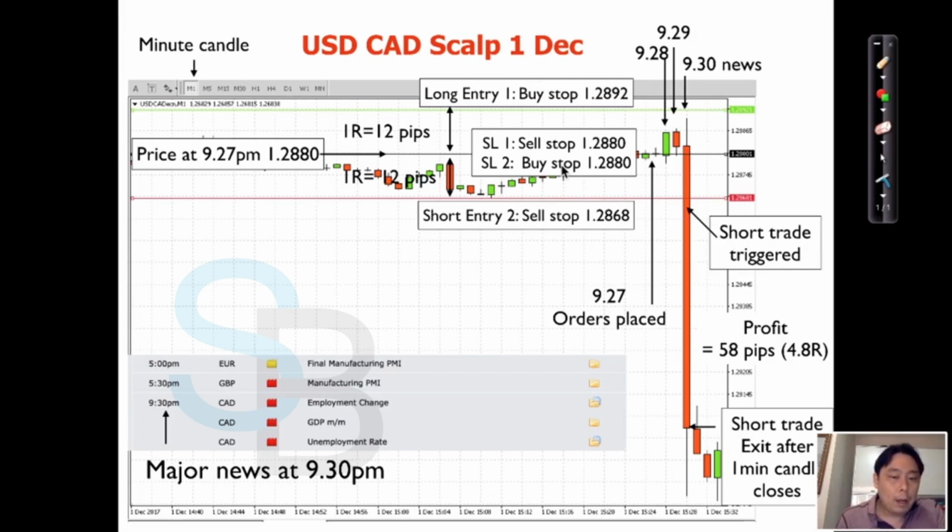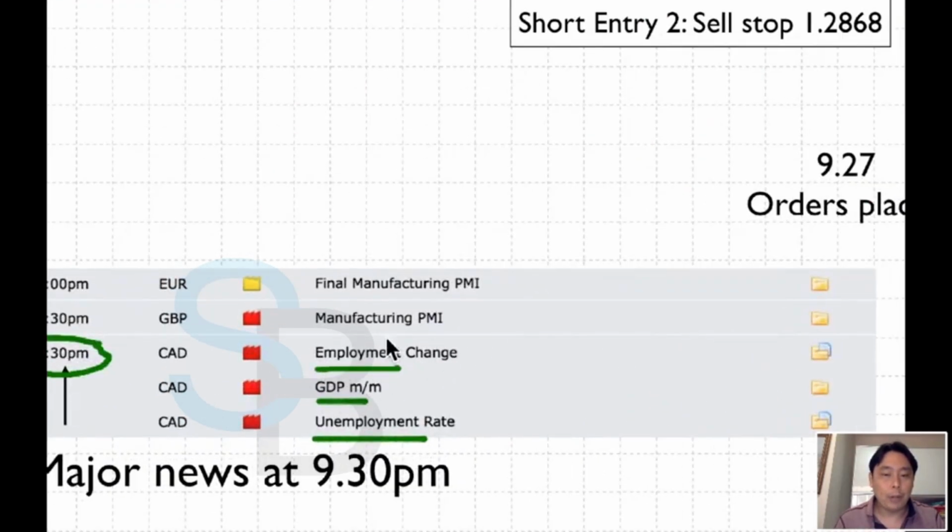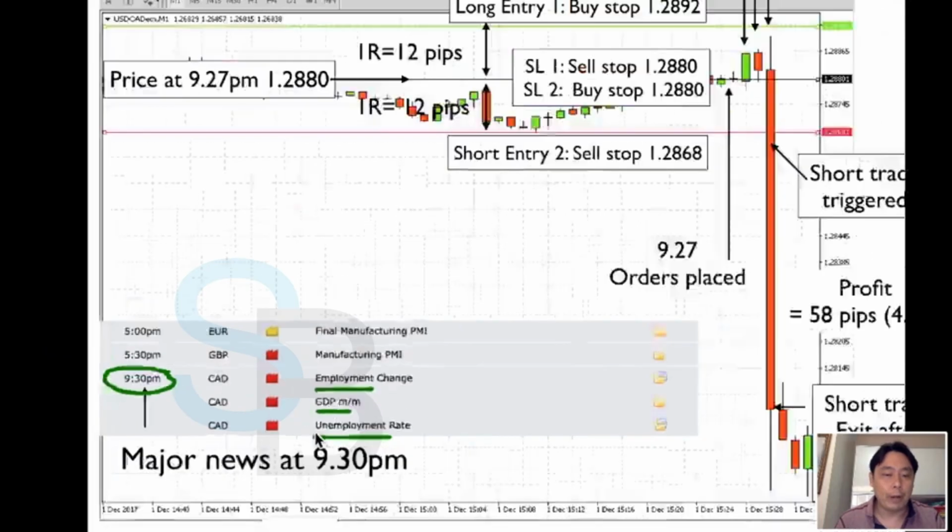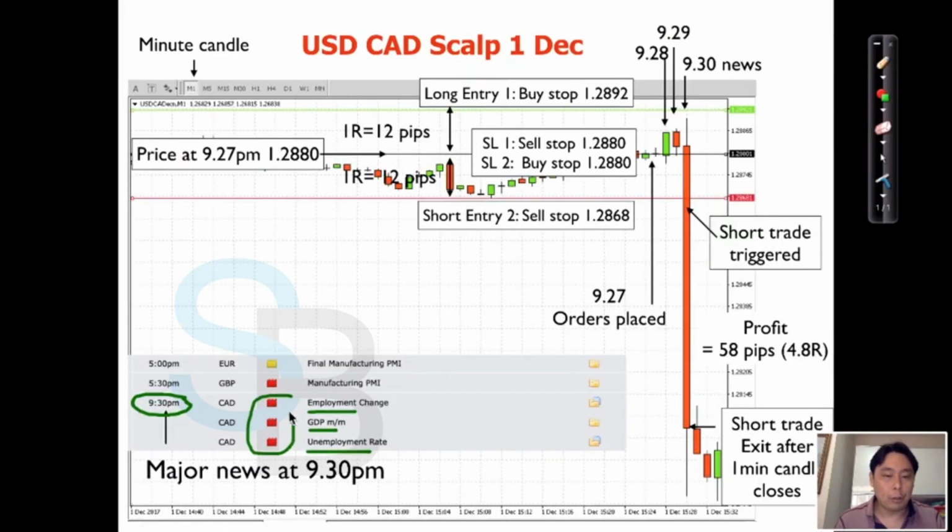Okay, so on this day, it was the 1st of December. As you can see on my calendar, at 9:30 p.m. local time, there were 3 major news releases: employment change, GDP, and unemployment rate. And they are all red news. So you can bet that the price is going to react strongly to this news, okay?